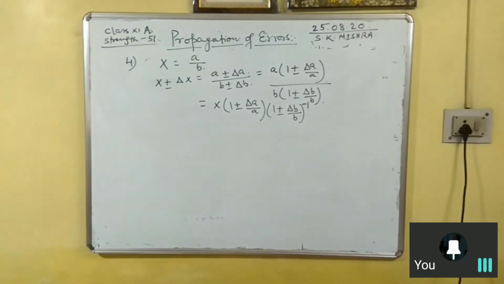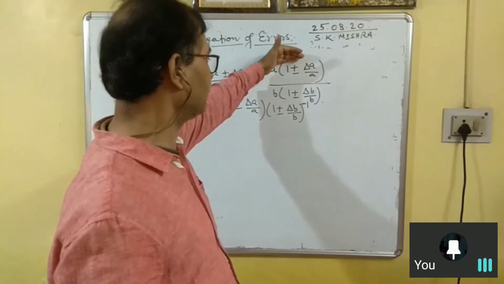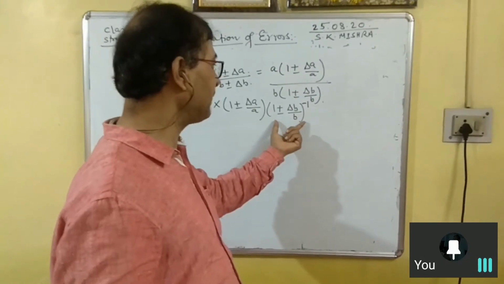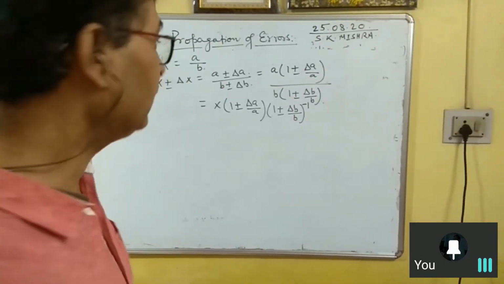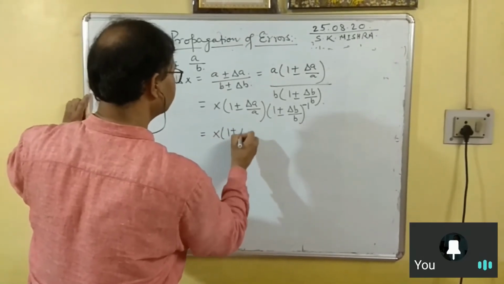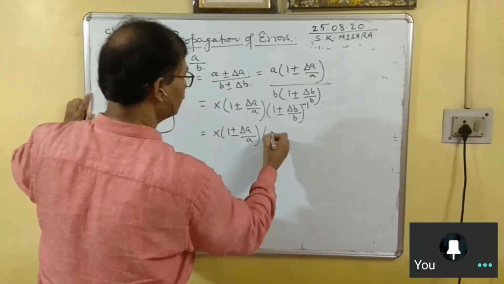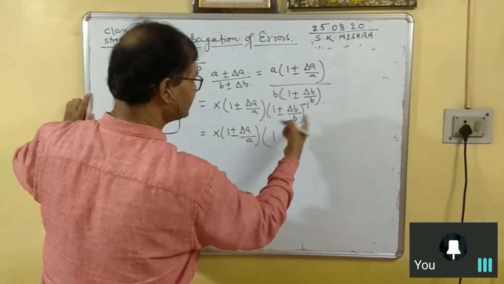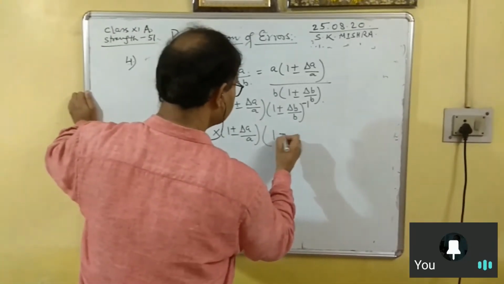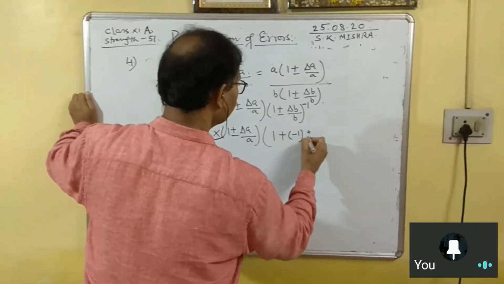Should I write like this? Because if you bring the denominator term to the numerator, then the power minus 1 should be placed. And you can expand it with the help of binomial expansion. So this is x, 1 plus minus delta a by a, and on this side, 1 plus x raised to n is 1 plus nx, so 1 plus n times plus minus delta b by b.